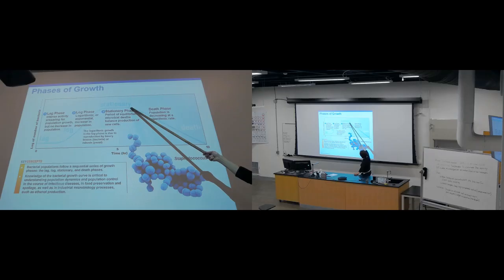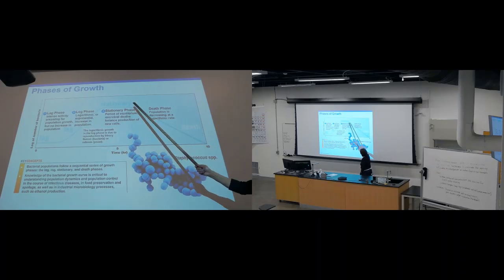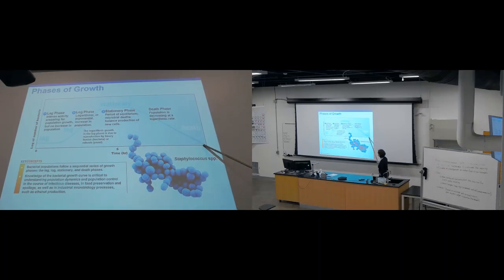And then at the beginning of the next period, which is the death phase, you have a decreasing number of bacteria in an exponential manner, or logarithmic rate, just like the log phase, but inverse. So instead of increasing the population, like in this case, you have a decreasing population. So let's say between 6 to 10 hours.